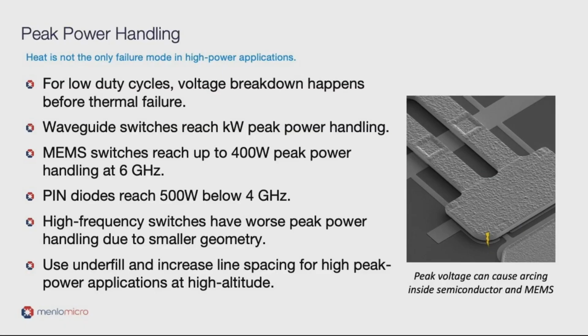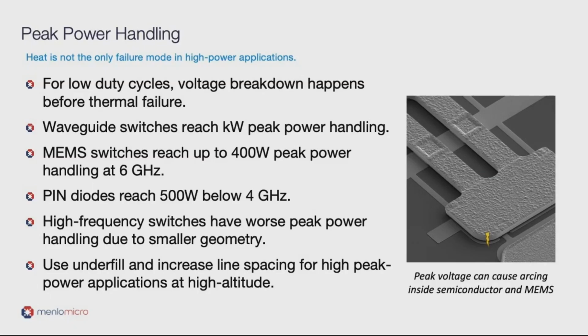For MEMS switches, they reach much higher power levels for peak power handling, up to 400 watts at 6 gigahertz. This is because the thermal dissipation, particularly at low duty cycles, is much less of a factor, and so the voltage breakdown between features in the switch becomes the primary concern. Pin diodes can also reach into the hundreds of watts, up to 500 watts below 4 gigahertz frequency ranges.